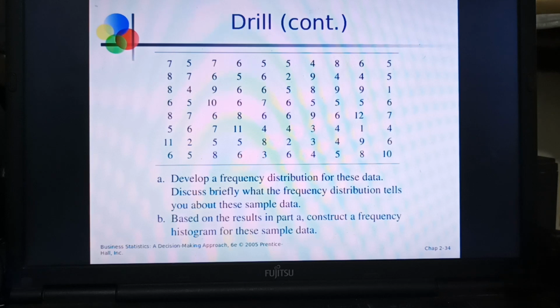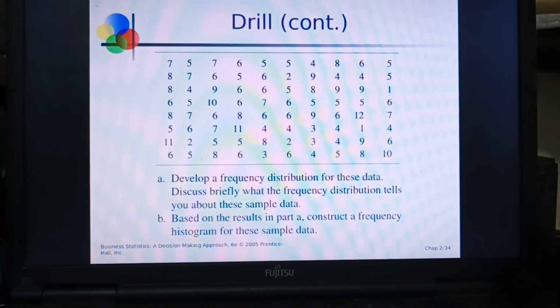As in the discussions that we had already, you need to sort this before you can develop a frequency distribution to make sense out of this data. You have to sort from lowest to highest, or highest down to lowest. Then you can develop a frequency distribution, then discuss briefly what the frequency distribution tells you about these sample data.